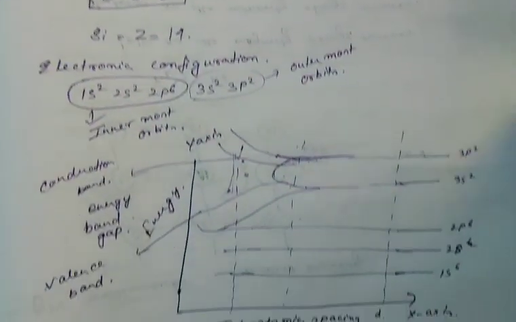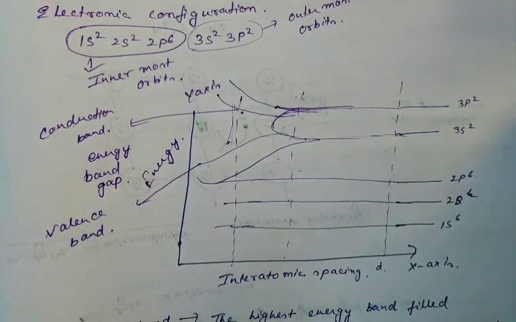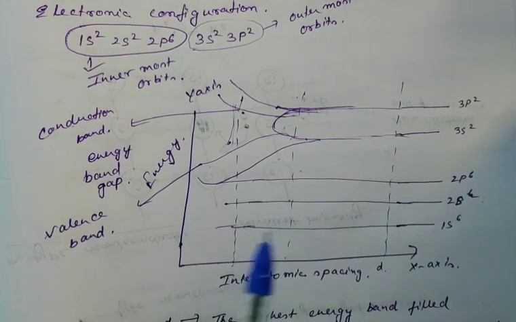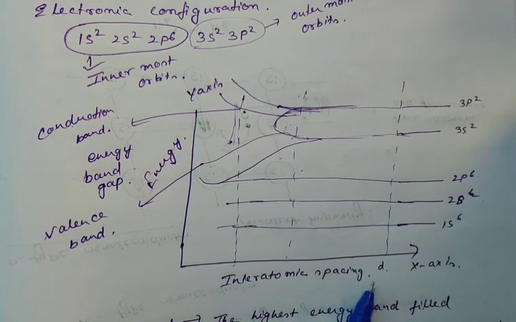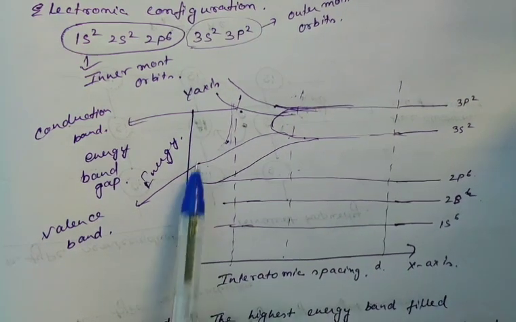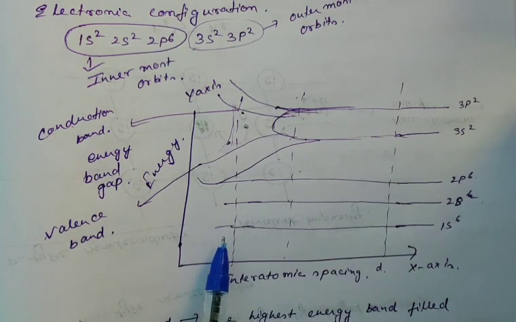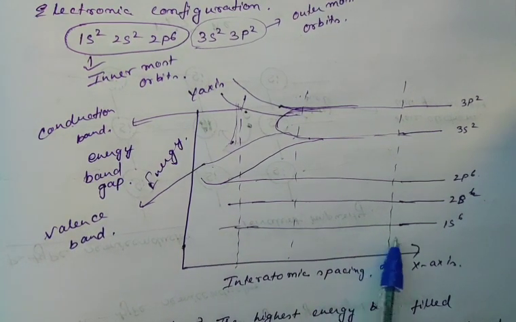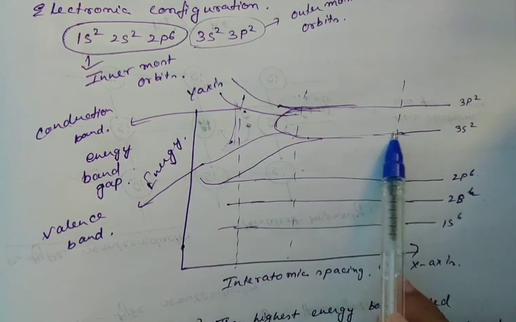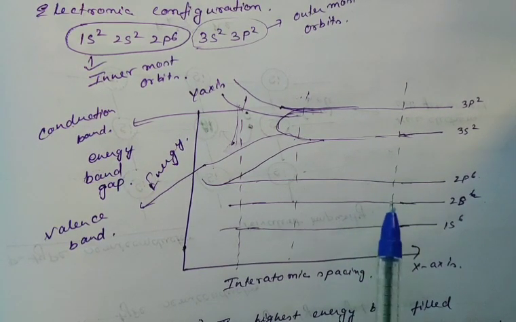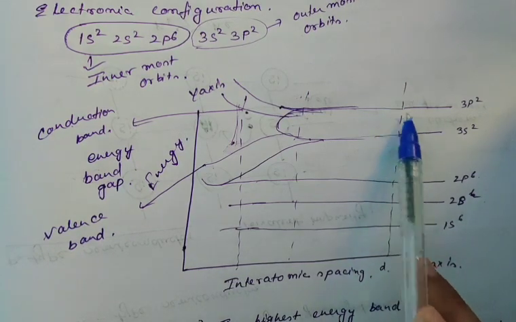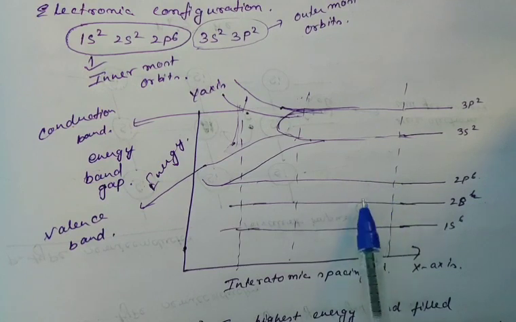Now if I plot a graph in which interatomic spacing is plotted along the x-axis and energy along the y-axis, I can see at a very large interatomic spacing there is no interaction between the neighboring atoms. All the atoms have identical energy levels.